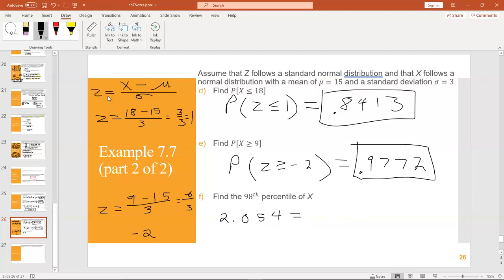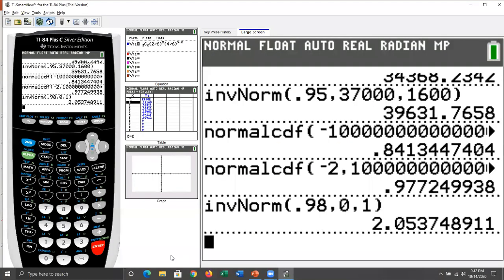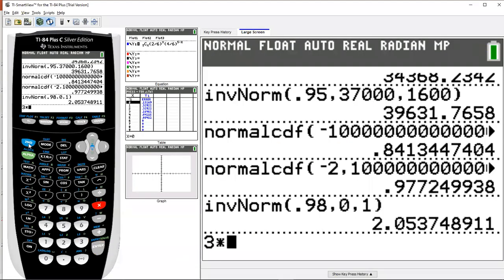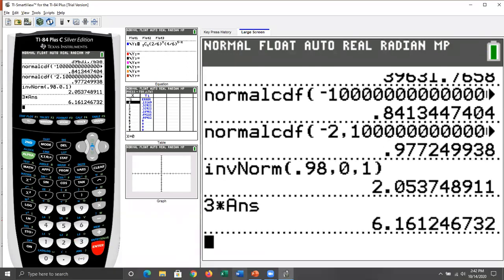That corresponds from having an x that we don't know minus the mu, which is 15, divided by the standard deviation, which is 3. So if we're going to solve this, the first thing we're going to want to do is multiply both sides by 3. 3 times 2.054, which is actually the answer that I have right there. That is 6.161.